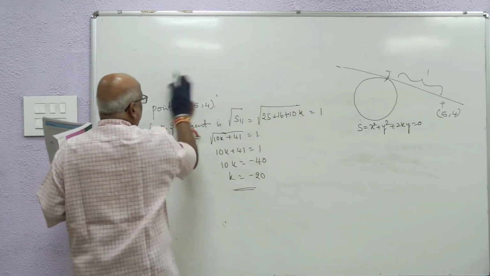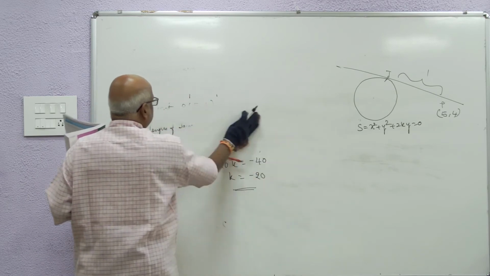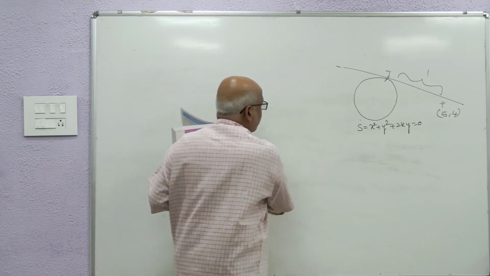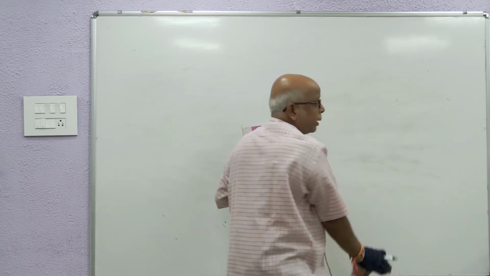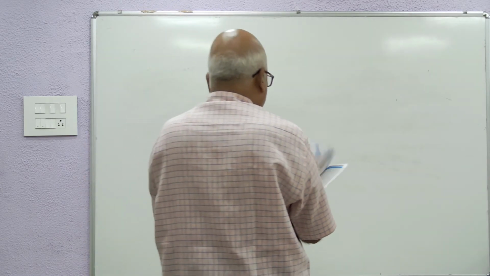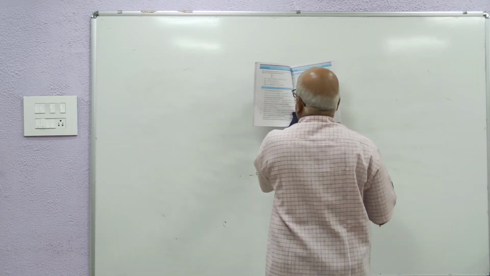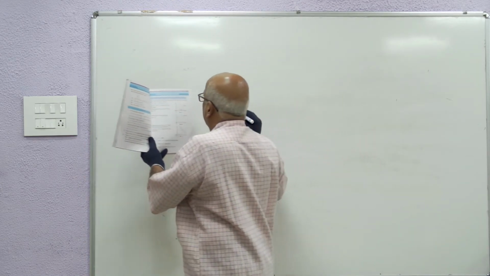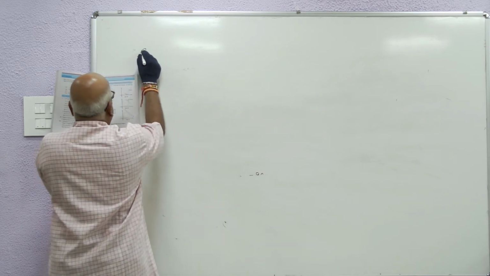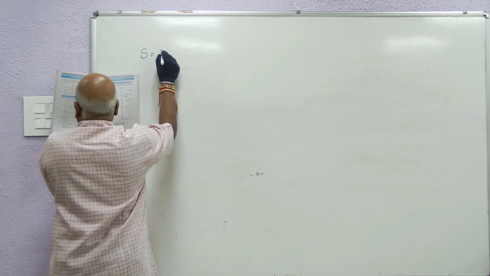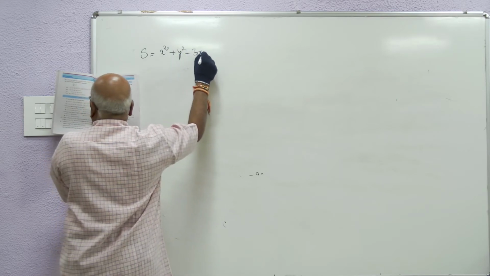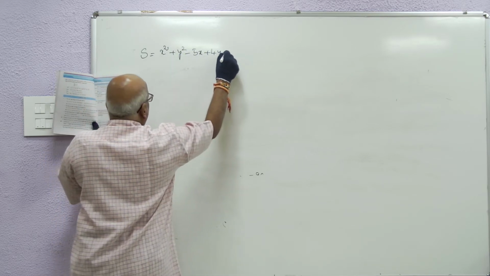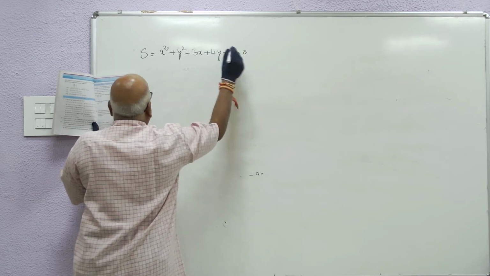Our next problem is here, you see. Next problem of same model, I will leave that one as homework to you. I will write down the problem. Circle equation x square plus y square minus 5x plus 4y plus k equal to 0.